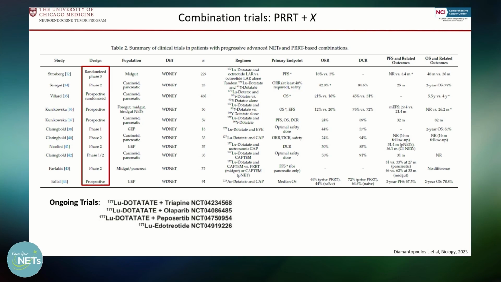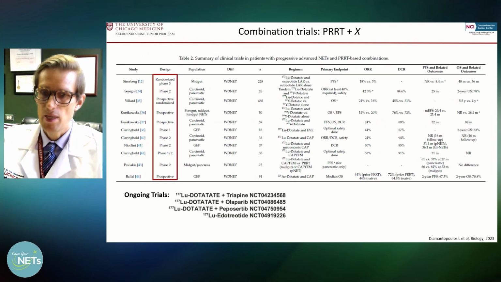There are additional ongoing trials combining Lutathera with, for example, PARP1 inhibitors, which are DNA sensitizers. So many different ways to think about how to combine PRRT with other therapies to make PRRT work better and to help us understand when we need to use it in the sequencing realm.